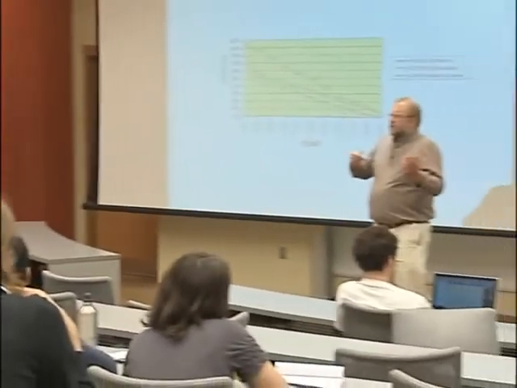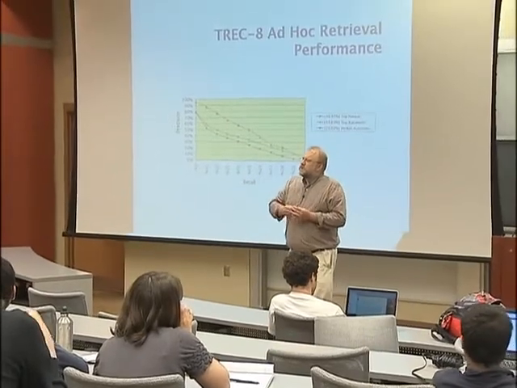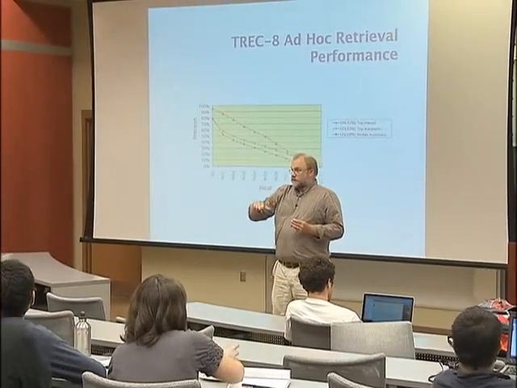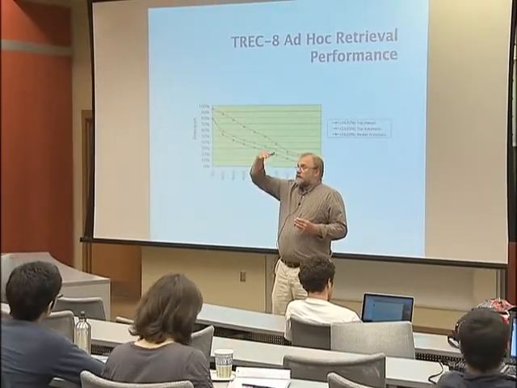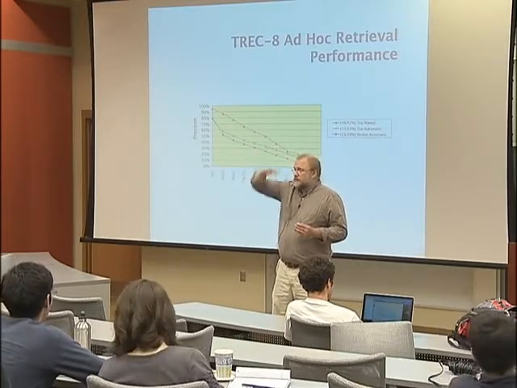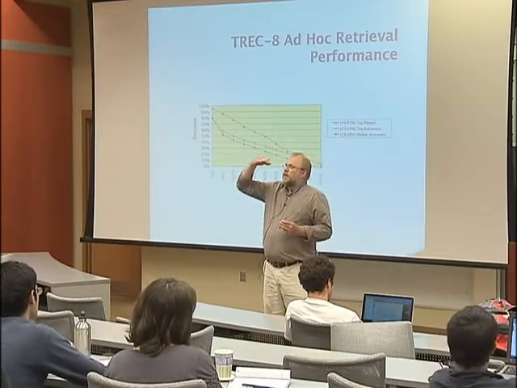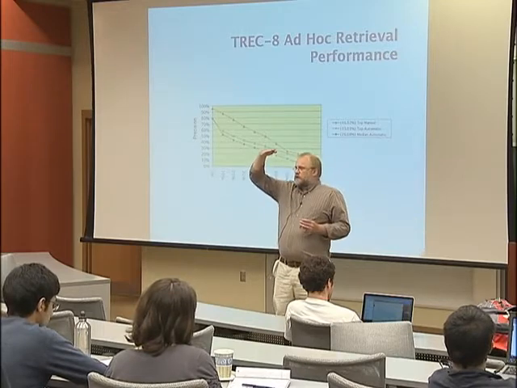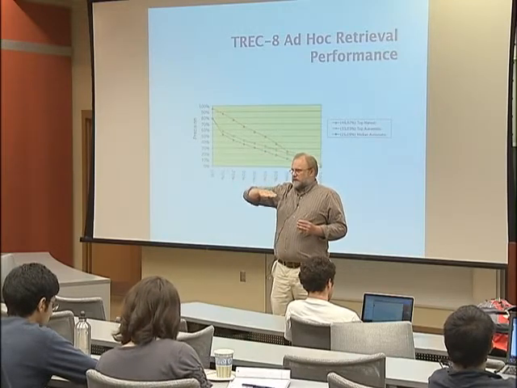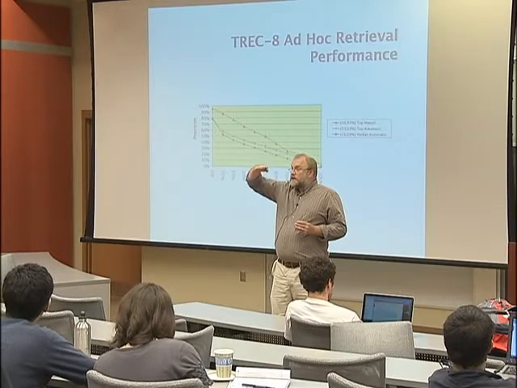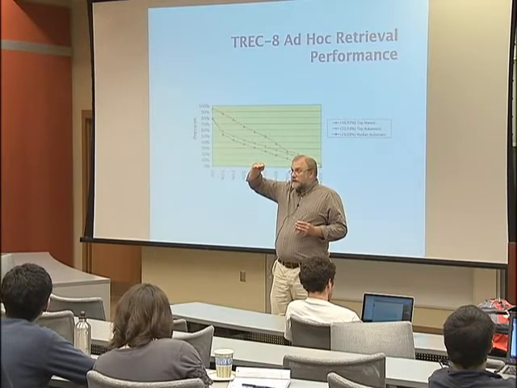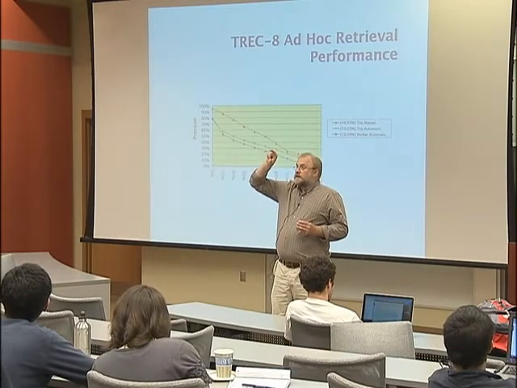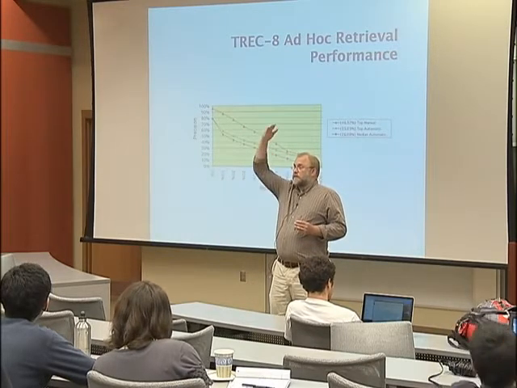Okay. You're not tweaking to try to trade off precision against recall. The idea is the system returns a ranked list of answers. Okay? Just like Google does, right? You get a ranked list of answers. And to build these curves, you then start looking down that ranked list. Every time you find a relevant document, you calculate what is the precision for that set of documents from there above.